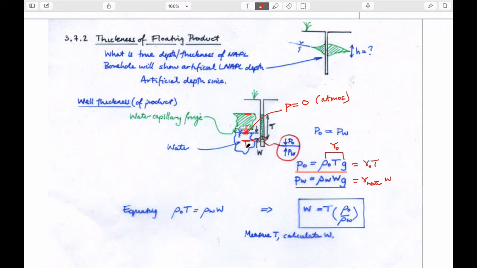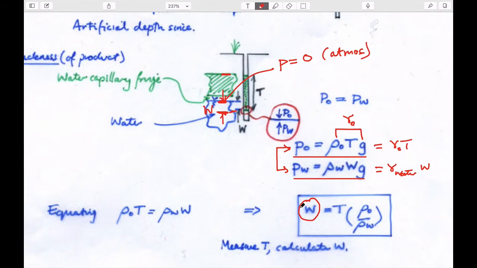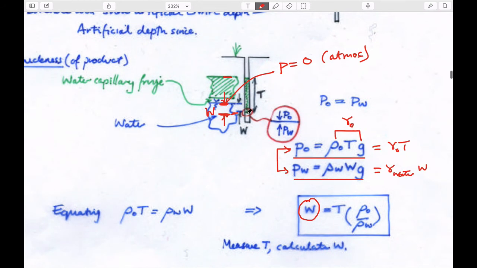So this magnitude here is this false depth. And so if we equate these to each other, because they have to be the same across this interface, we end up being able to calculate exactly what W is. And so what's important, I guess, to know is that if you measure the thickness of this thing in a borehole, it actually isn't the true thickness.